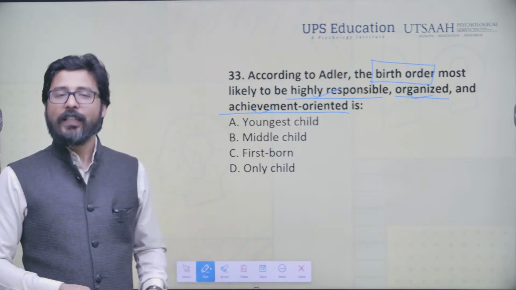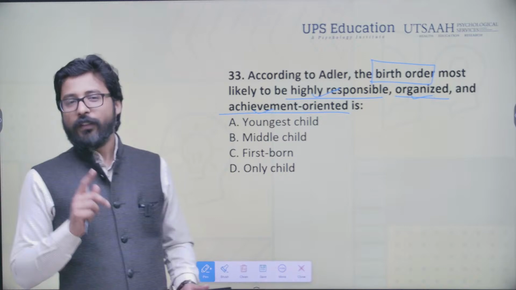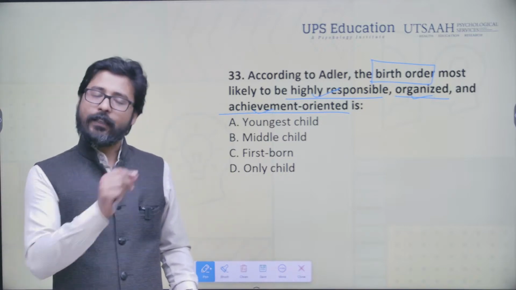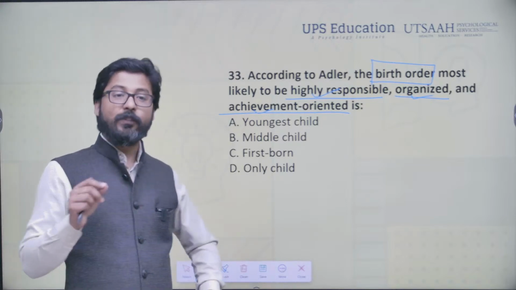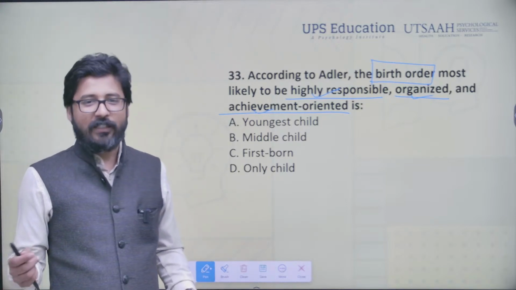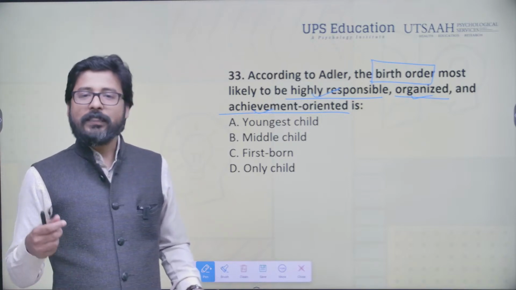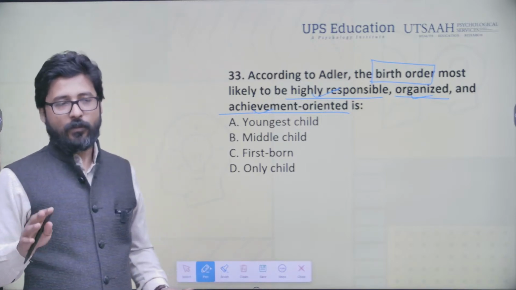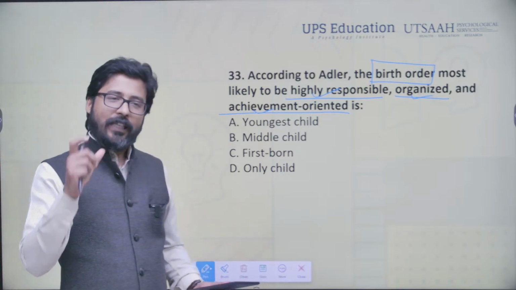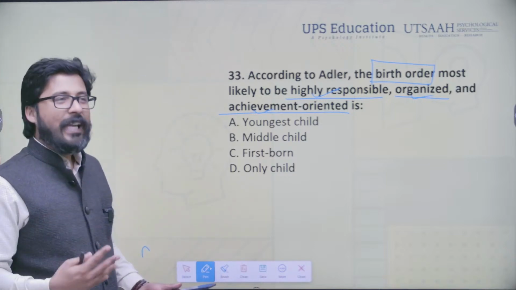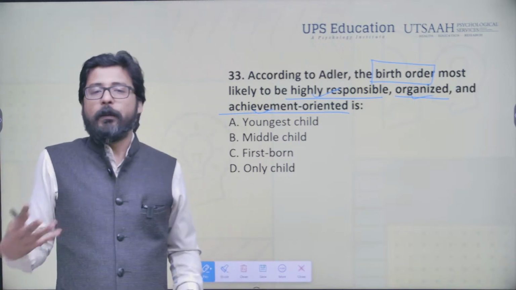When we talk about the youngest child, there are a few qualities. They will be charming, outgoing, and attention seeking. At the same time, there is a risk that they may struggle with independence or be seen as less responsible. So according to Adler, the youngest child looks less responsible and struggles to feel independent.